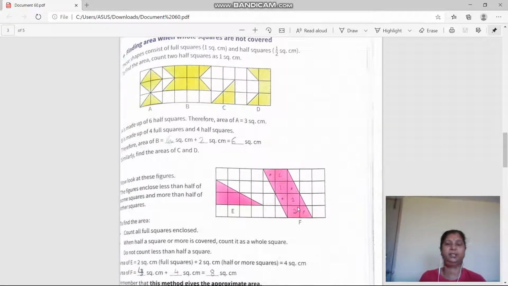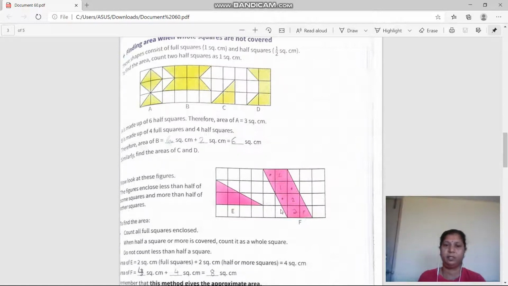Fine. Now let's see this diagram. First of all we will calculate the whole squares: 1, 2, 3 and this is 4. Now we will calculate the more than half ones. See this one, 5, 6, 7 and 8.